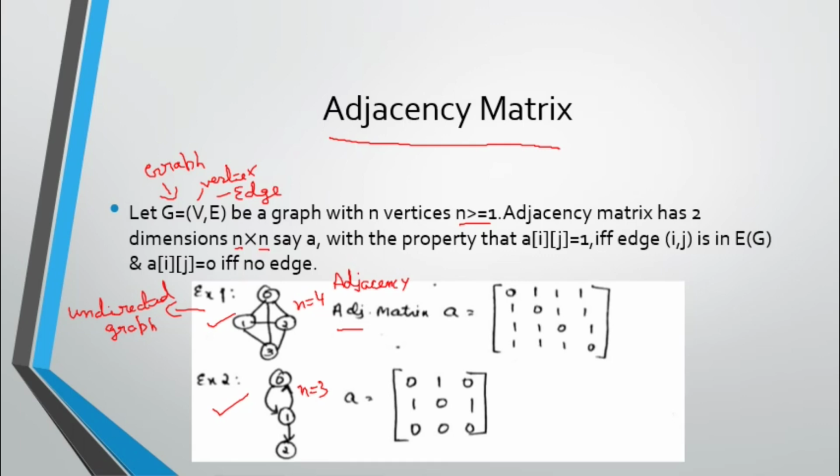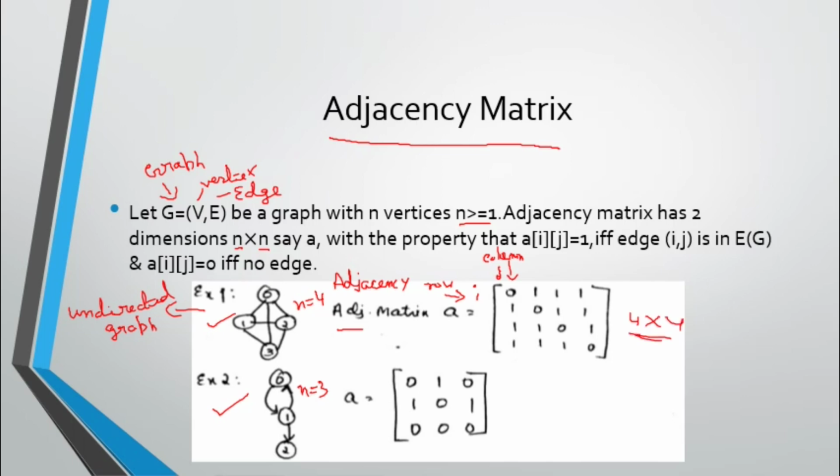Here i takes care of the row and j is the column. This is a 4 cross 4 matrix.